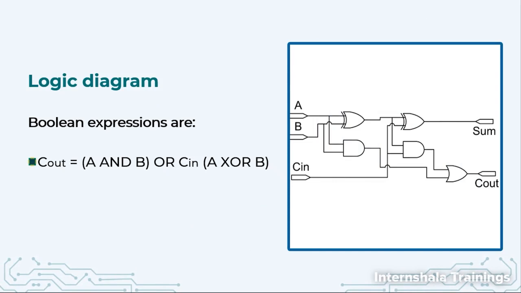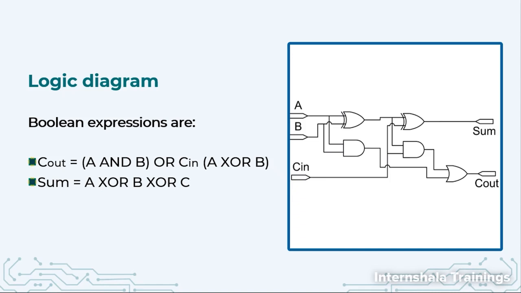The expression for C out is A AND B, OR with C in AND (A XOR B), and sum is A XOR B XOR C in, and according to these relations we got this logic diagram also. How did we obtain these expressions from the truth table? We'll talk about these techniques in more detail in our next module, which is about combinational circuits. So right now we are assuming that we got this logic diagram.